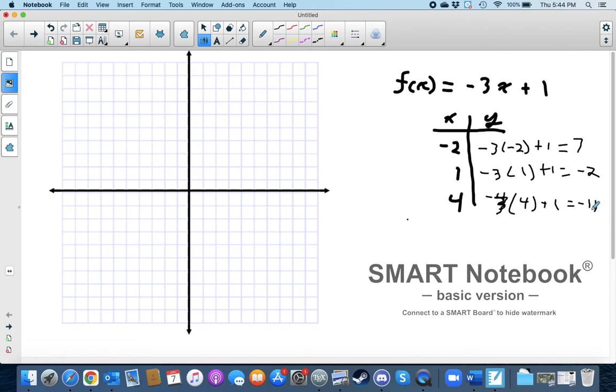This is okay. The reason this is okay is because we can still plot 1, negative 2, and we can still plot negative 2, positive 7. 1, 2, 3, 4, 5, 6, and 7. And this gives us enough information for us to be able to create our line. So our line would look something like this.